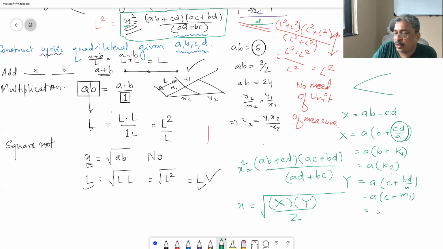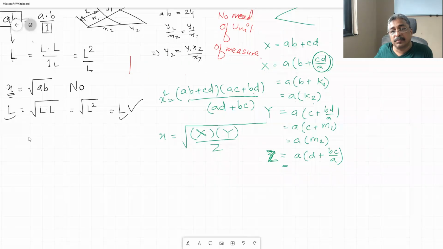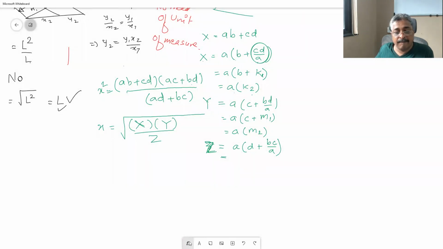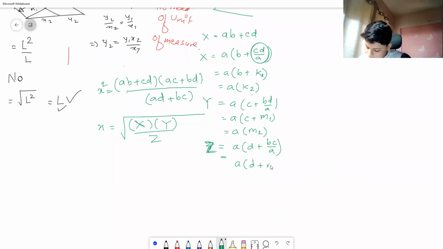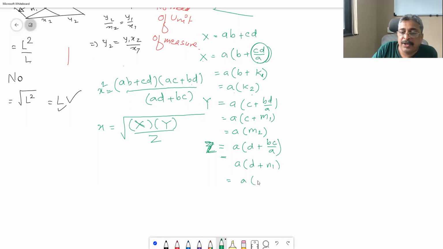I can add M1 to C and keep it ready as M2. Still, I cannot construct Y. Similarly, I can construct capital Z by taking A common, A inside bracket D plus BC upon A. I can construct BC upon A. I can name it as N1. So A into D plus N1, which is equal to A into N2.